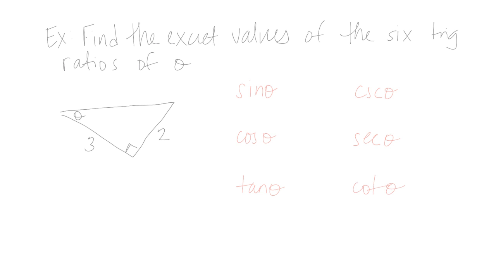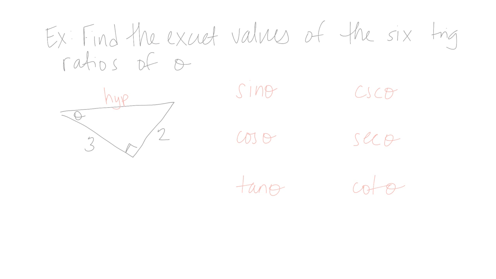Okay, in order for me to find this, I need to know what all the sides are. And remember, the first thing that we went over today was how to find a missing side of a right triangle. So in this case, what I'm missing is the hypotenuse, right? It's opposite the right angle, so I'm going to apply the Pythagorean theorem to figure out what this is.